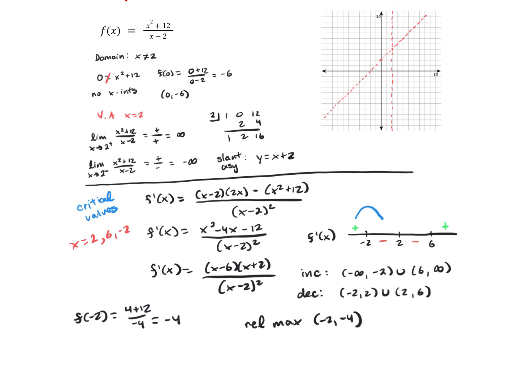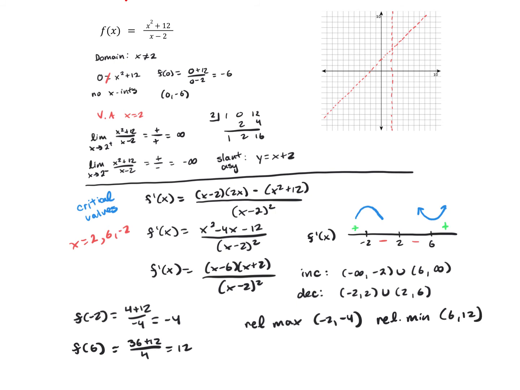And then you can see that our first derivative is changing from negative to positive, meaning our original function is changing from decreasing to increasing at 6. So we need to figure out what that value is because that's going to be a relative minimum. So here we have 36 plus 12, so 48 divided by 4 is 12. So we have a relative min at (6, 12).